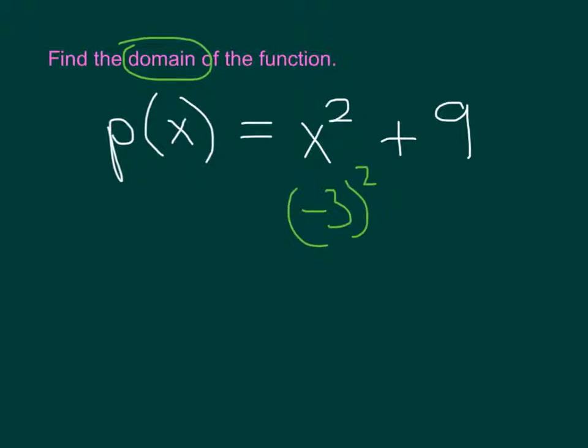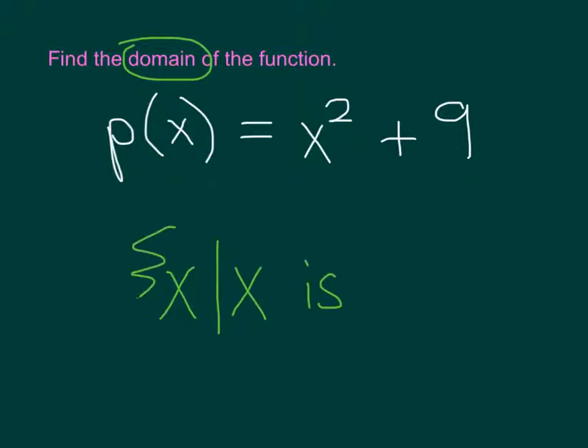That's not undefined. We don't have any variables in the denominator, so we're not going to have any restrictions. Just like the last problem we looked at, x can be anything. So the set of all x such that x is a real number. That's how that solution is going to go.